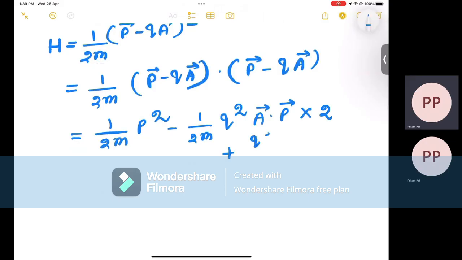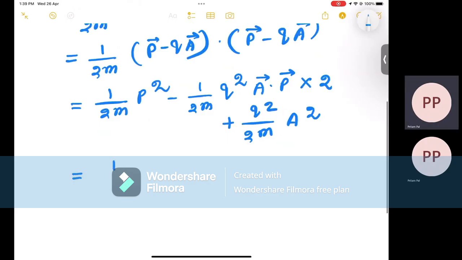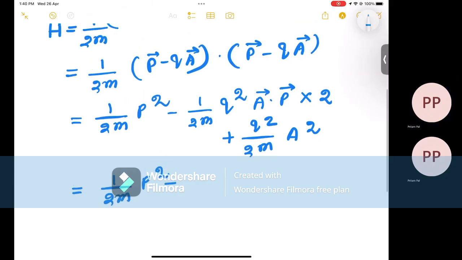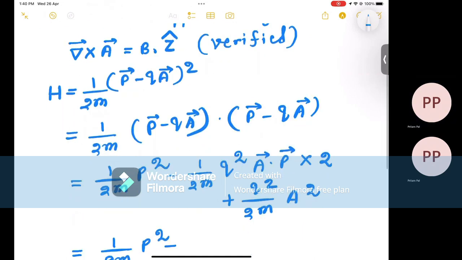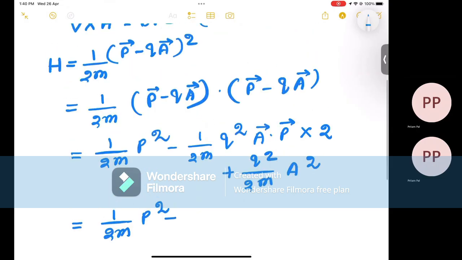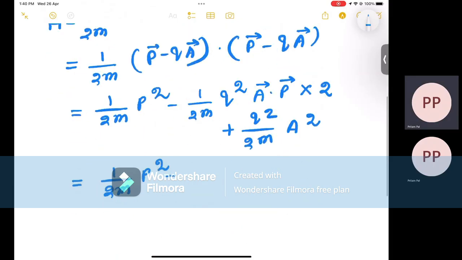Another one is q square by twice m times A square, right? So now let's see what is given here. It's very important to do the calculation for this. So A dot p, what will be the, so p has, one second.